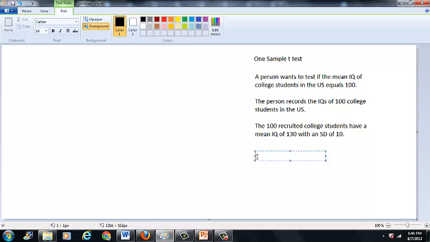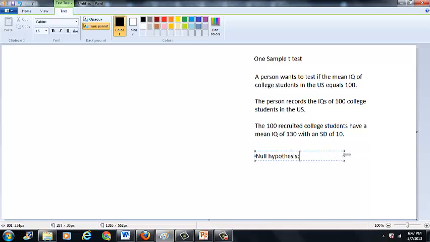Regardless of whether we think it equals 100, it either does or doesn't. In reality, only one of those two things can be true. And the two possibilities of what might be true are the null hypothesis and the alternative hypothesis.